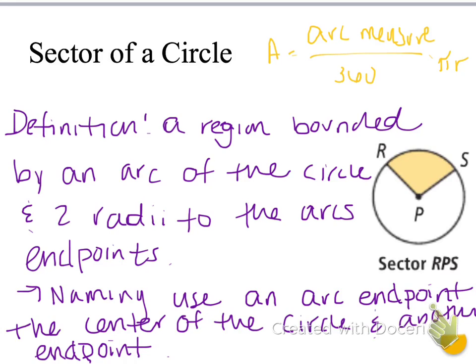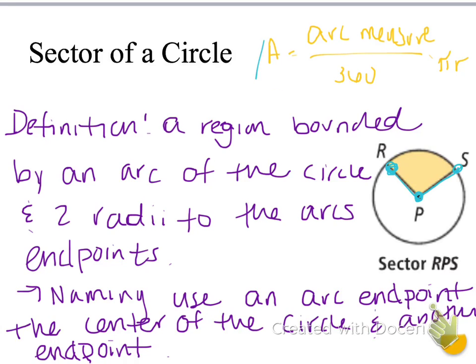Sorry, this is really messy, but for some reason it deleted it. So the definition of a sector of a circle: a region bounded by an arc of the circle and two radii to the arc's endpoints. When we name these, we say one endpoint, then the center of our circle, and then our other endpoint.